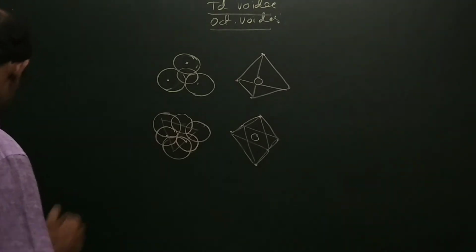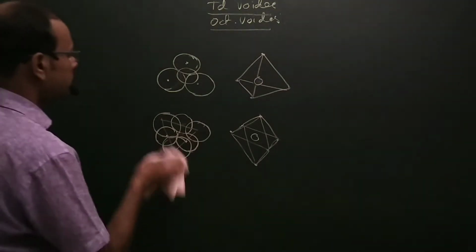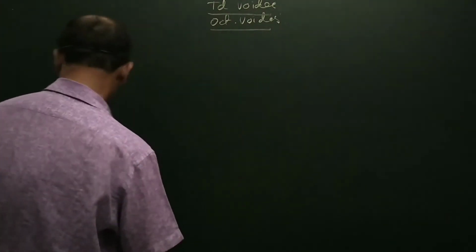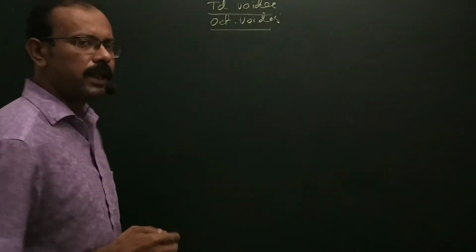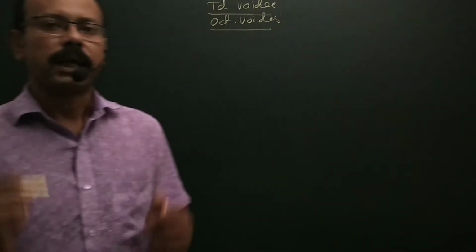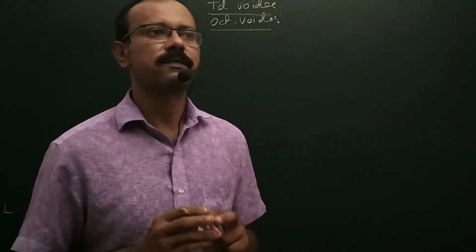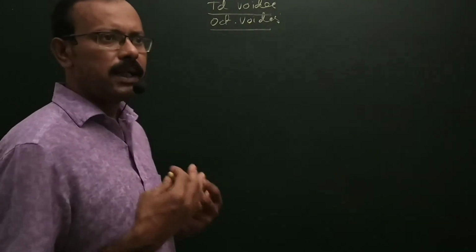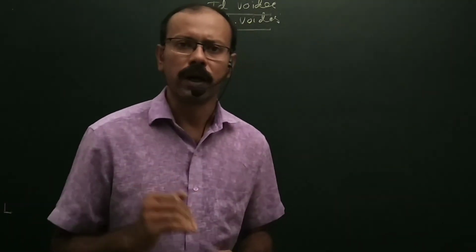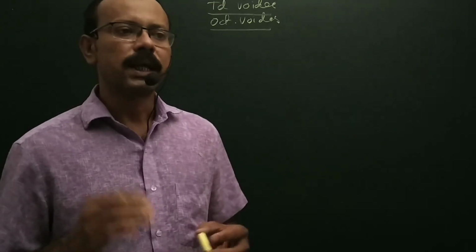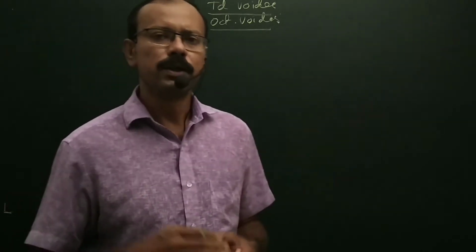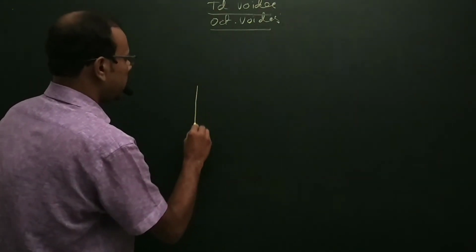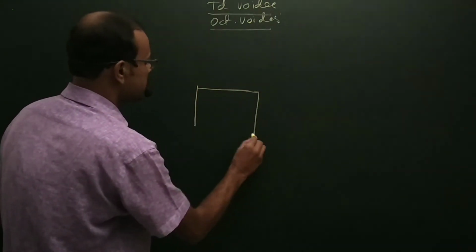Now, after this, we should find out the number of octahedral and tetrahedral voids, and for this, it is very convenient to take an FCC unit cell or FCC lattice, because while finding the number of tetrahedral and octahedral voids in an FCC lattice, we can extrapolate this for other types of unit cells or lattices. So, I am drawing an FCC unit cell here.